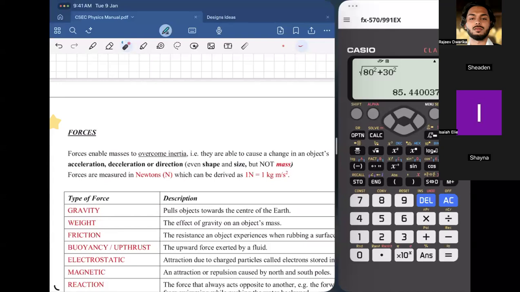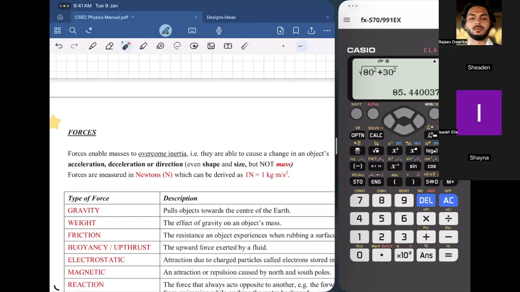Do you remember the definition of mass? Mass is the amount of matter in a body. You can't change the amount of matter, right? Okay, cool.